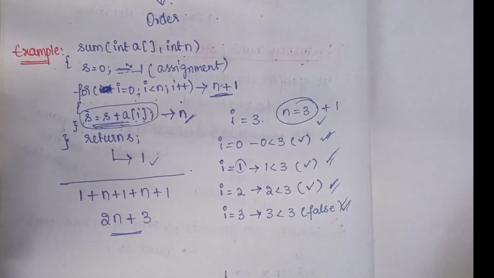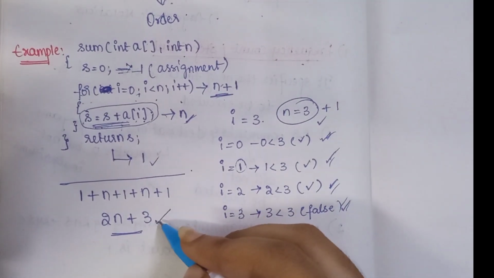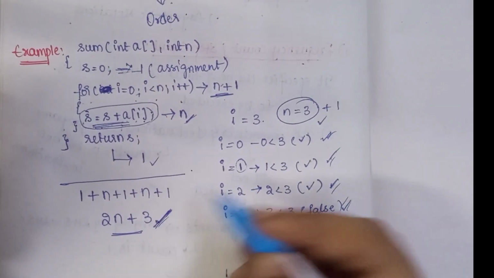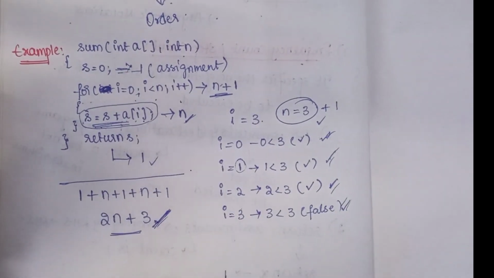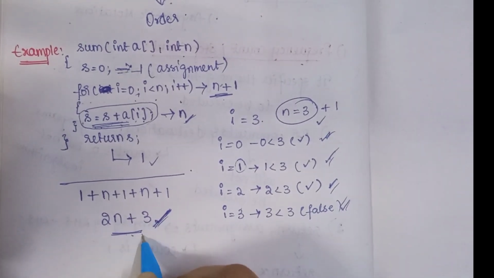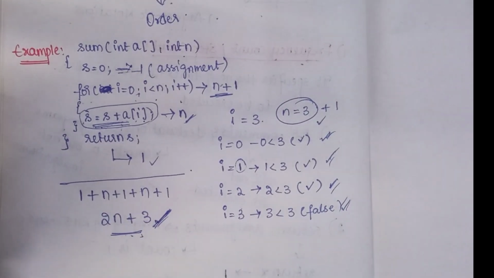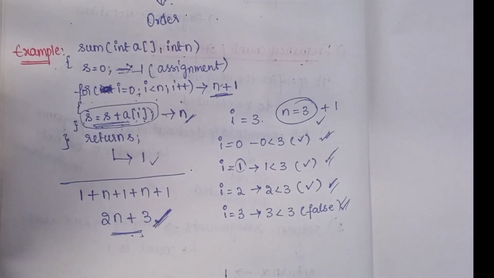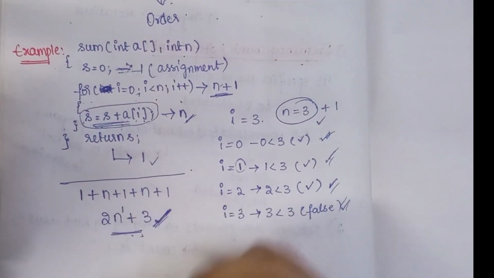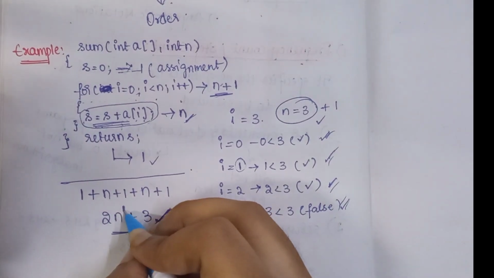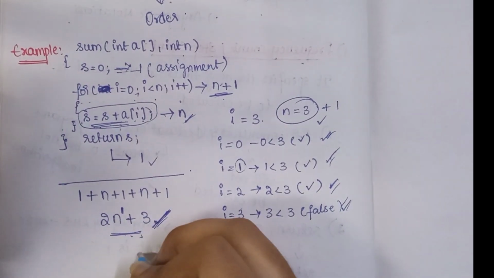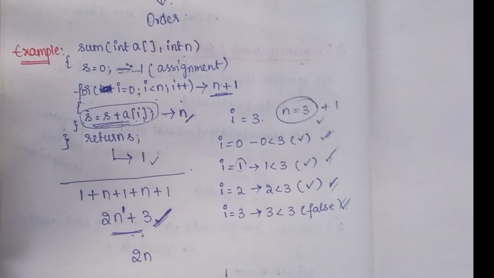Some people will conclude that 2n plus 3 is their answer and write it as the time complexity. That is not correct. So from the third rule, you need to consider the higher exponent. So your higher exponent is 2n. So you are considering 2n.